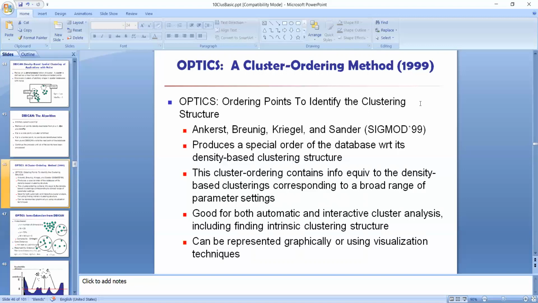Here we will give only the minimum number of points. In OPTICS we will not give any epsilon value. Instead, we find the core distance. If P is not a core object, then the core distance of P will be undefined.